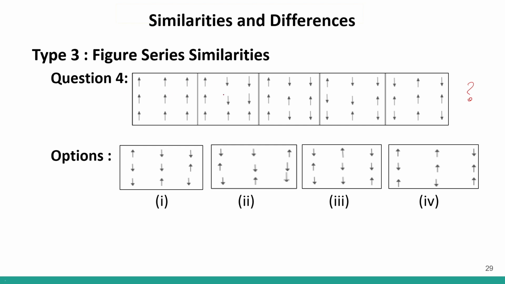So from this series to this series, I can see that these 4 arrows have been inverted. From this series to this series, these 4 arrows have been inverted. So this is now facing the opposite direction, opposite direction, opposite direction, opposite direction.